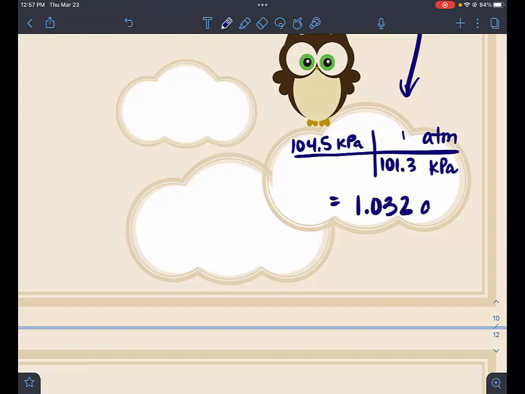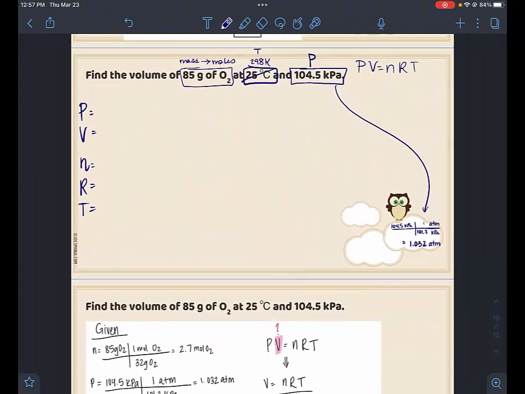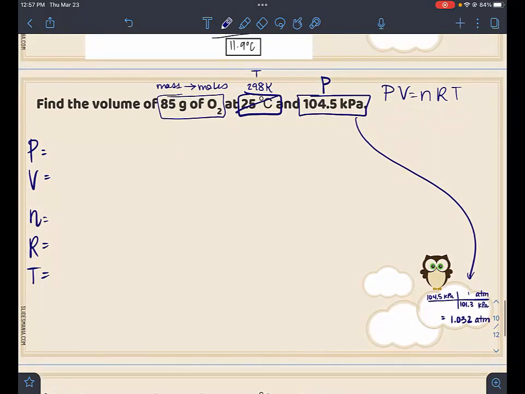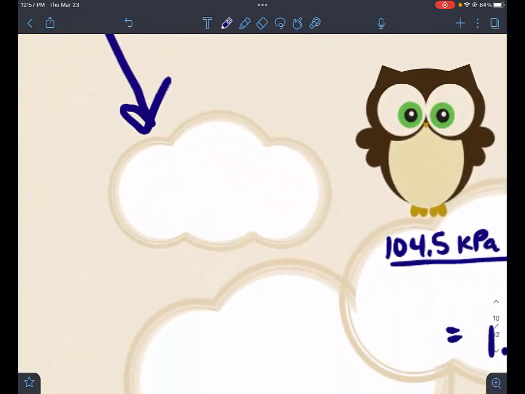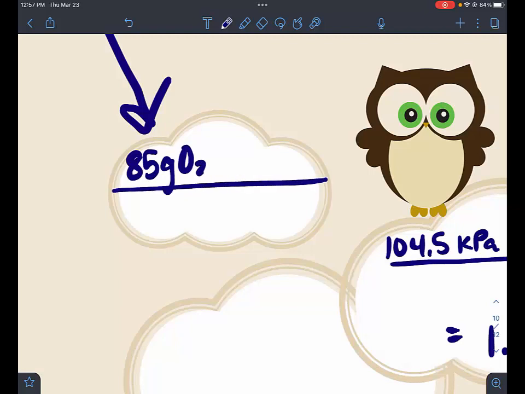1.032 atmospheres. Okay, the other conversion that I'm going to need to do is the mass to moles. 85 grams of oxygen. I need to convert it to moles.